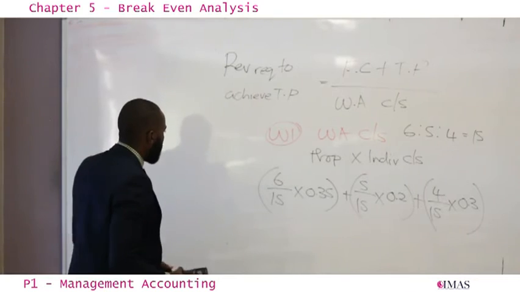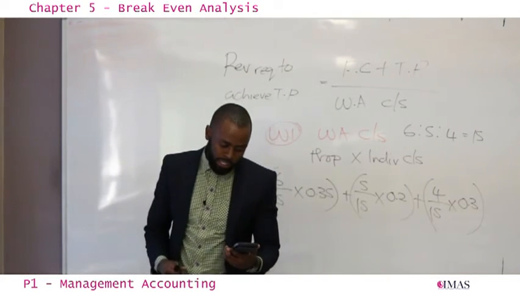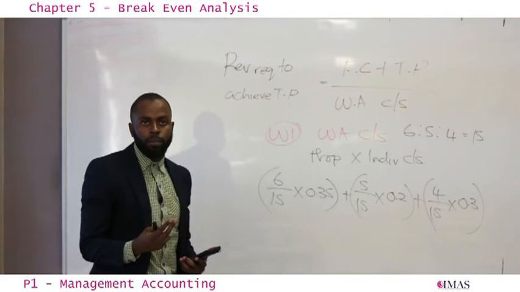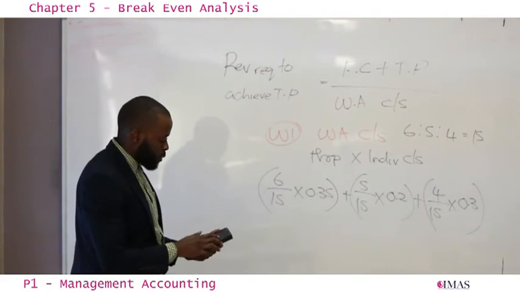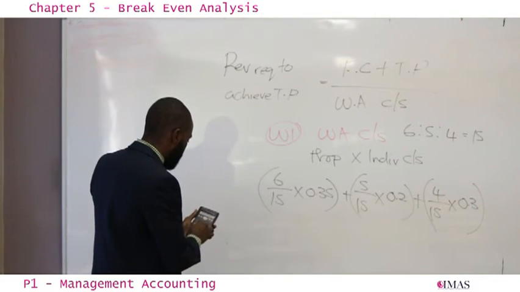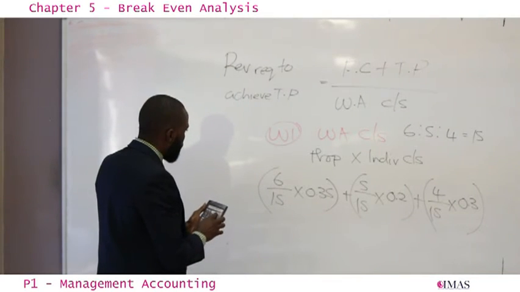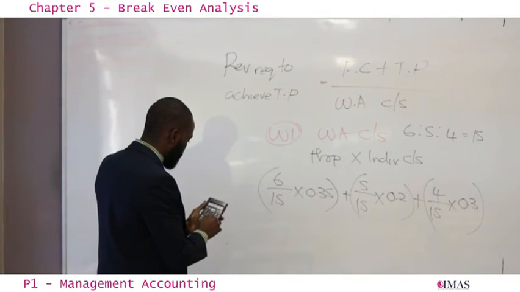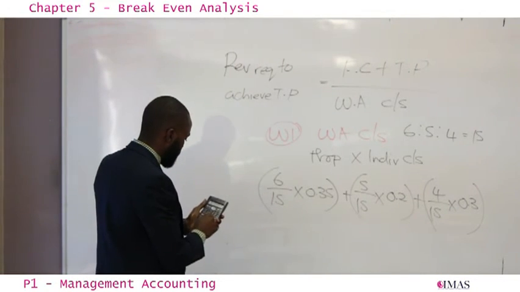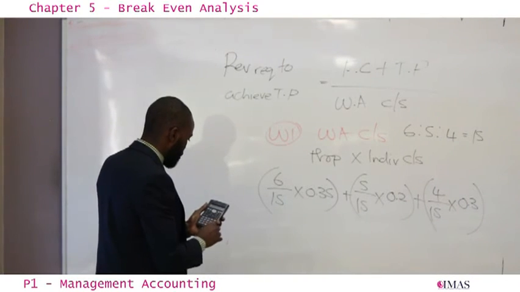I told you in the exam you don't have to do this individually. If you're using a calculator that is allowable in our exam, either Casio FX or a Sharp EL531, we just have to put brackets and we get to the answer. So here we say open bracket, 6 divided by 15 times 0.35, close bracket, plus, open bracket, 5 over 15 times 0.2, close bracket, plus, open bracket, 4 over 15 times 0.3, close your bracket.